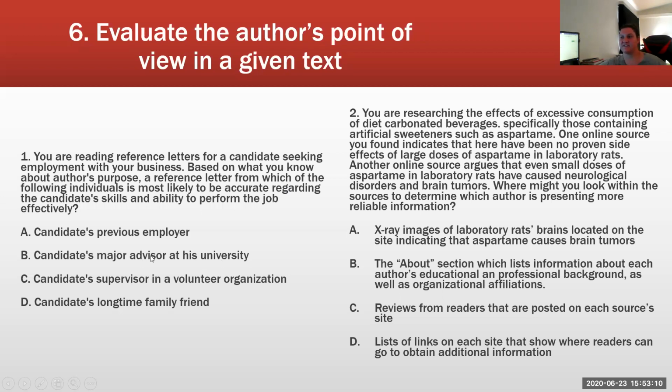The major advisor at his university, again, there's a bias there. The advisor is going to want to put their student at the best foot forward because they are a representation of them from the university. So option A, the candidate's previous employer, is going to be the most likely to be accurate regarding the candidate's skills and ability to perform the job functions effectively.